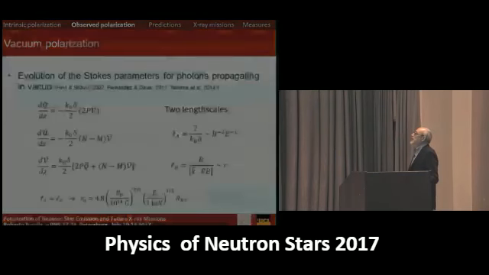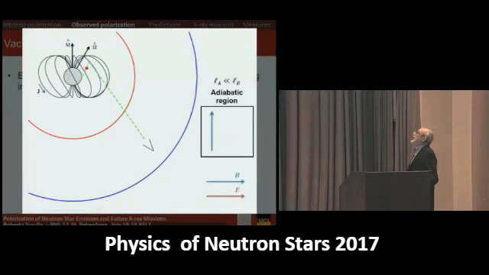This, I think, can be better seen from this cartoon. If L_A is much smaller than L_B, then we are in the so-called adiabatic region, and the photon polarization mode will follow immediately the direction of the local magnetic field.